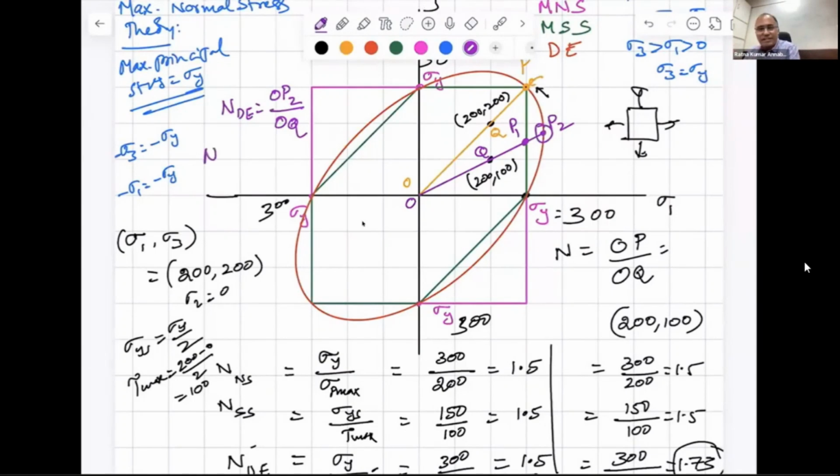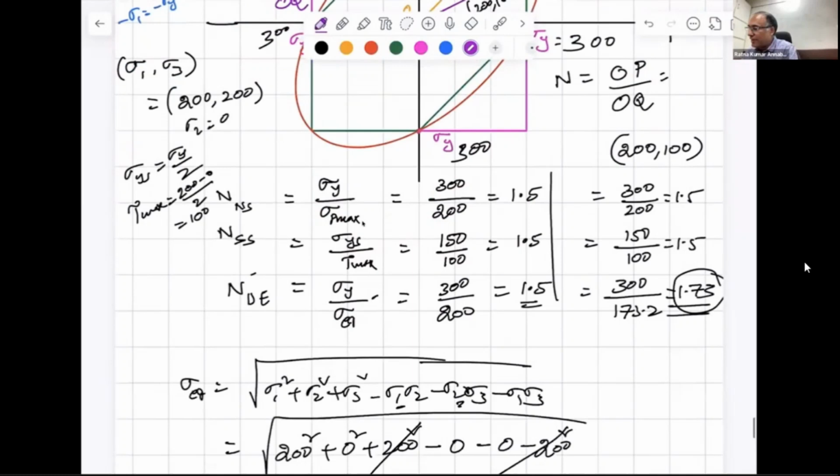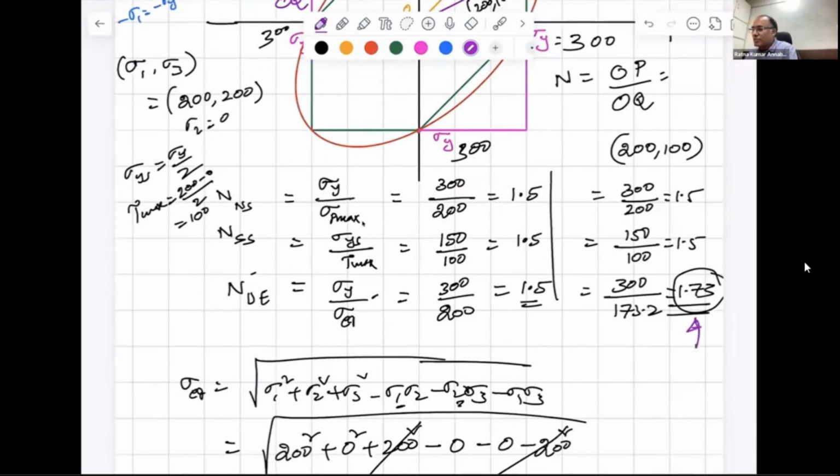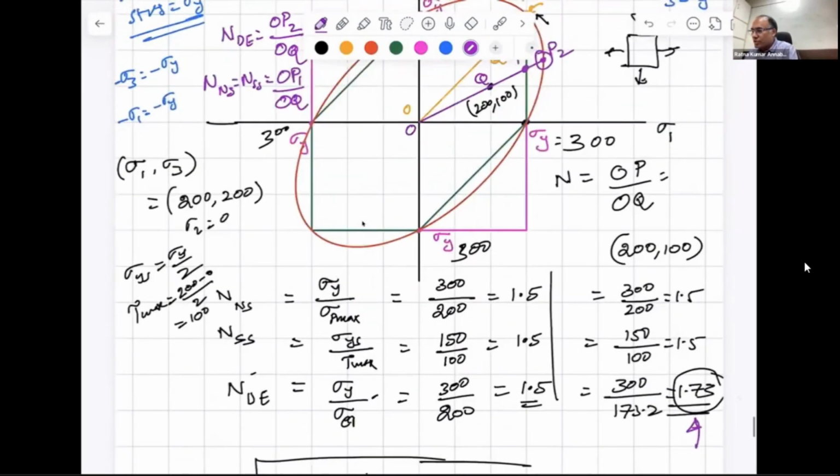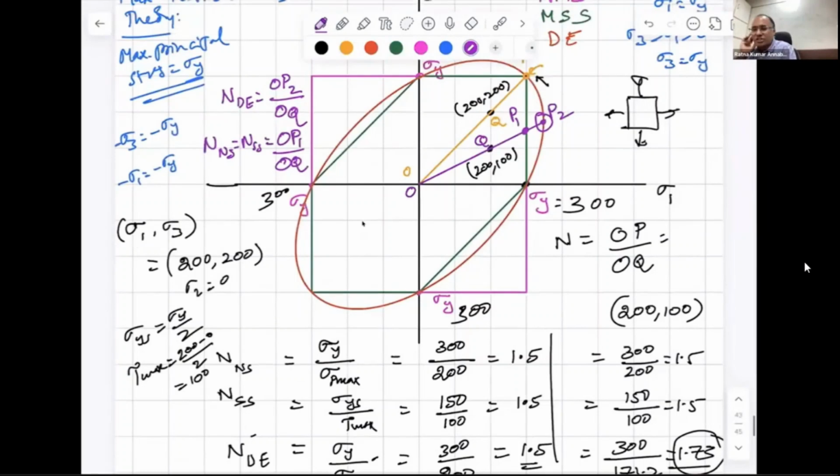Interestingly, in the first quadrant, maximum shear stress theory and normal stress theory coincide. Their surfaces are one and the same. And hence, normal stress theory is equal to shear stress theory, that is equal to OP1 by OQ. And you know OP2 length is larger than OP1 length, and hence distortion energy theory will give you a higher factor of safety compared to maximum shear stress.